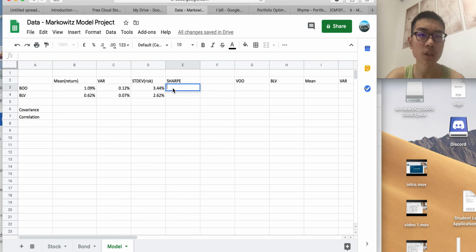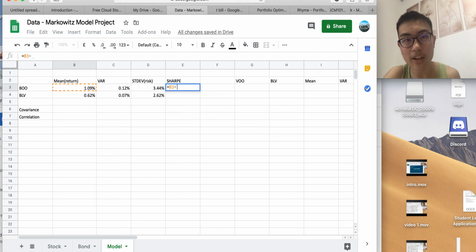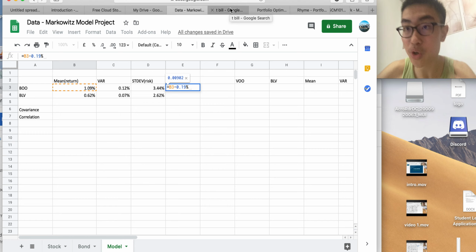So let's calculate the Sharpe ratio. We have our mean return right here, and then you manually type this 0.19%. This is our risk-free rate from the US Treasury bill, but this is from a long time ago because I want it to correspond to the data I got in 2011.